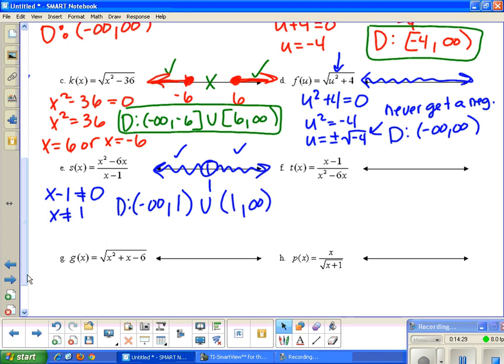And if you recall from Algebra 2, this is actually a rational function that we're graphing. So remember that in Algebra 2, what we did was we had to look for holes and vertical asymptotes, etc. in my graph.